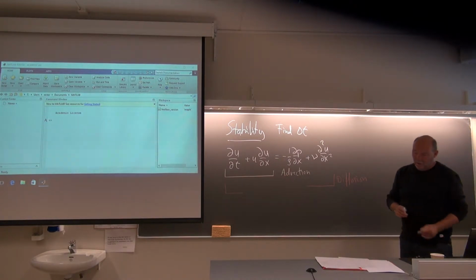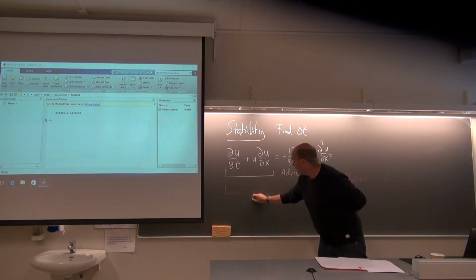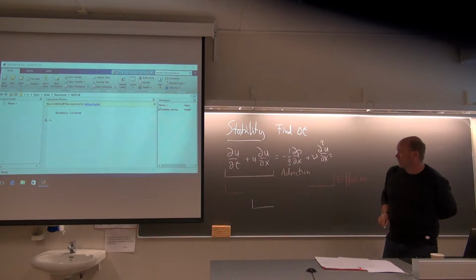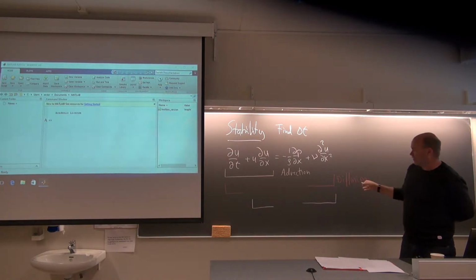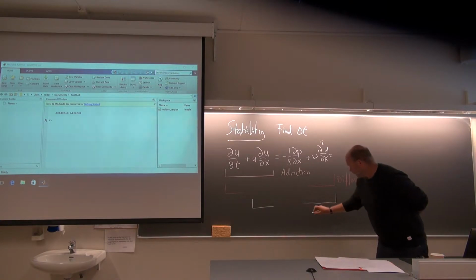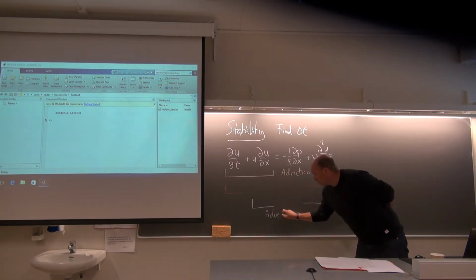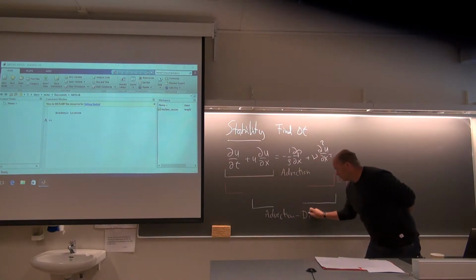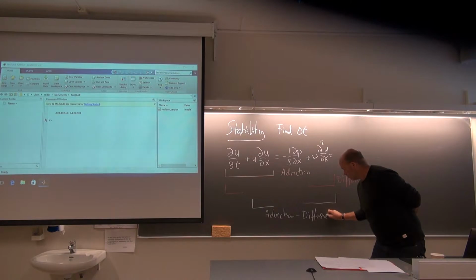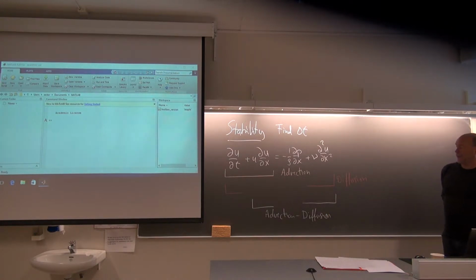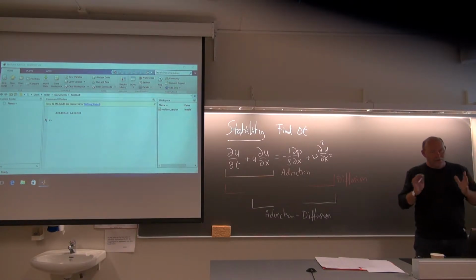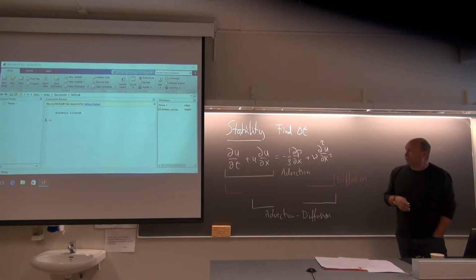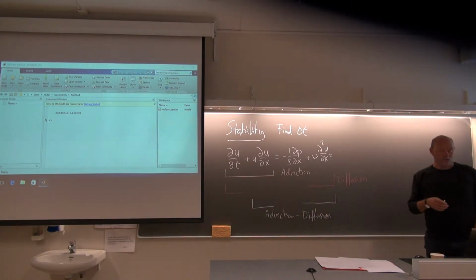And finally, we will also look at the advective acceleration terms and the diffusion term as well. So it's a mixed advection diffusion equation. From these three model equations, hopefully we will learn something about how big a time step we can use.